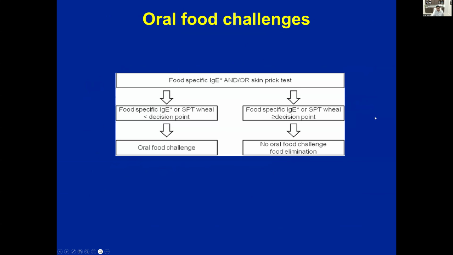If, on the other hand, the history is very strong, very convincing, and the tests are positive, especially if they are beyond what we call the cutoffs, then there's no need to do a food challenge.